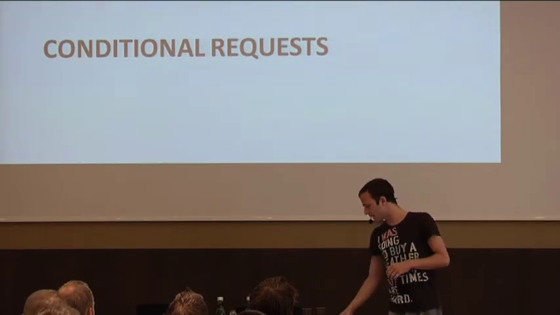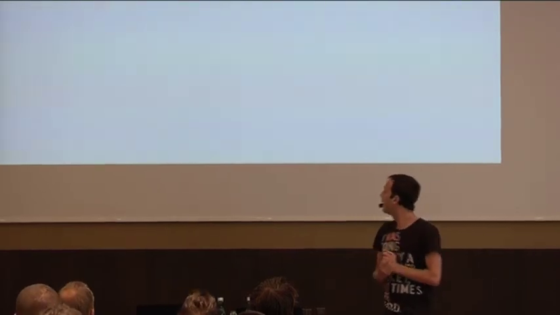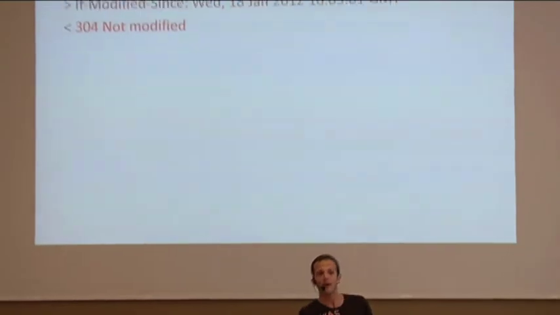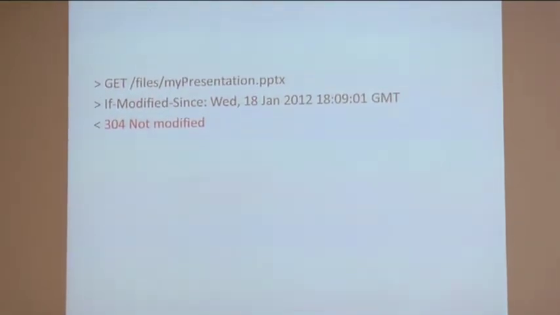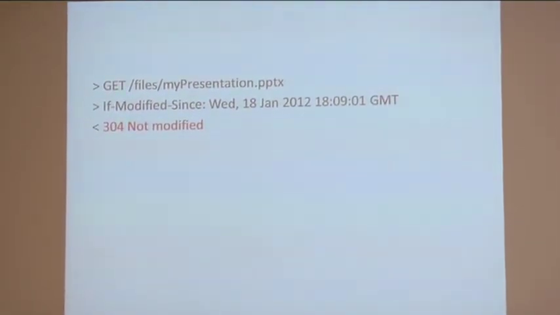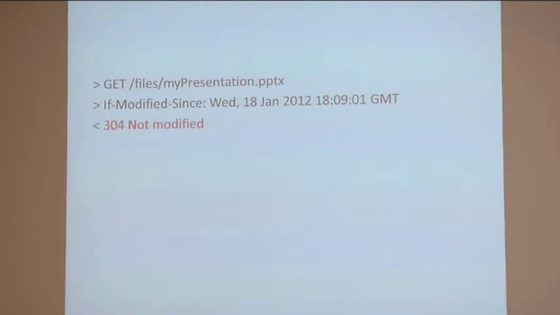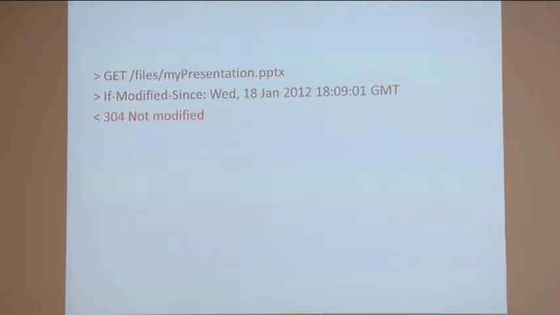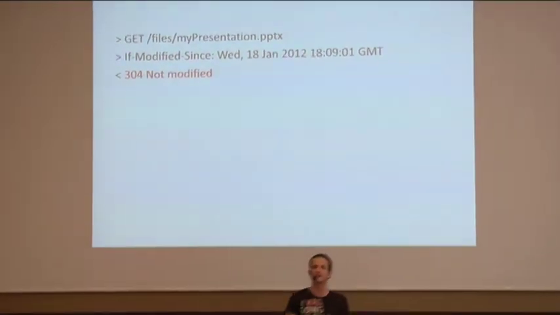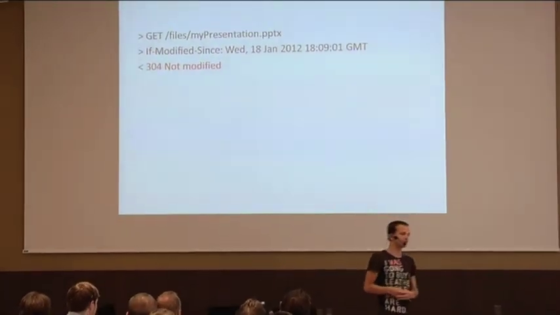A conditional request is going to look like this. I'm still going to have my GET with the URL going to the file, my presentation. Wonderful file, they should all download. And we add the If-Modified-Since header. As its name indicates, it says, please only give me this document if it has changed since the last time I looked at it.